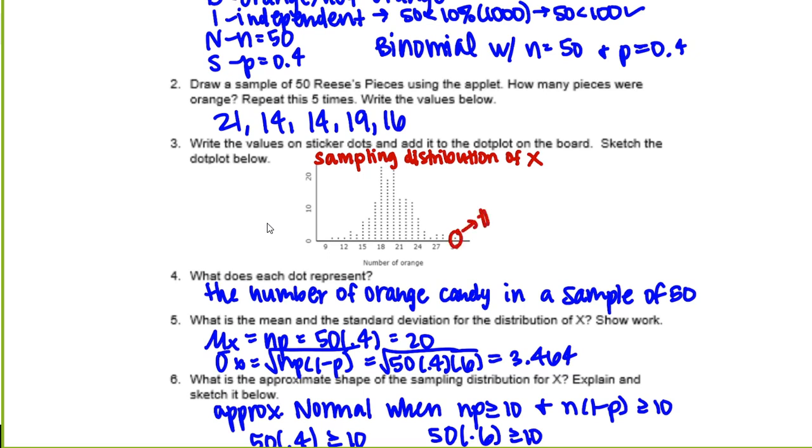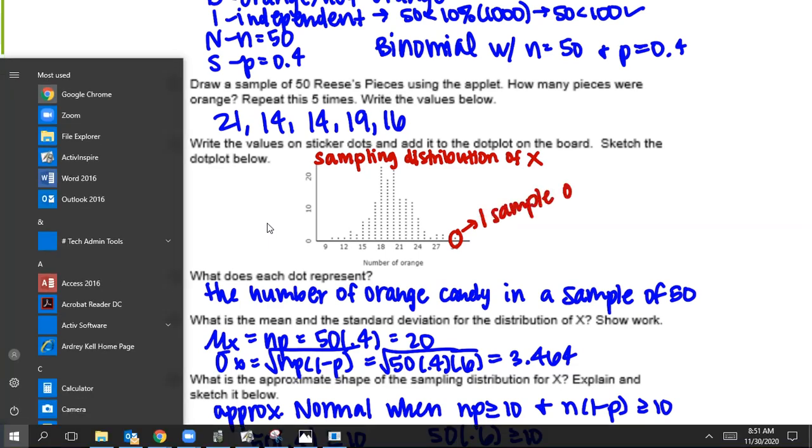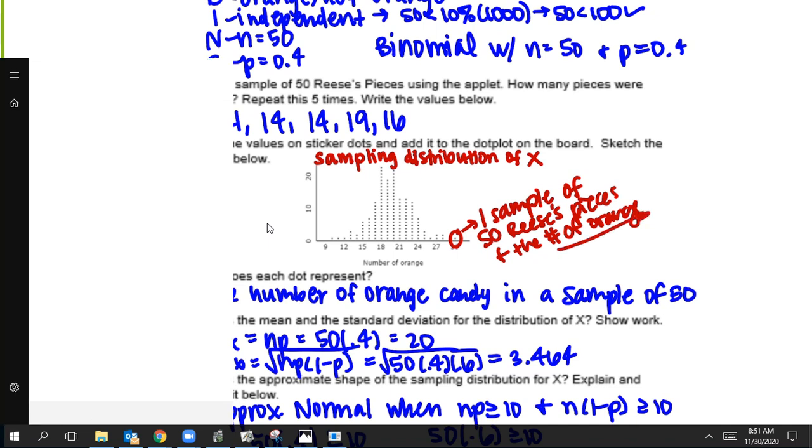That is one sample of 50 Reese's pieces and the number of orange. And so that's why this is a sampling distribution of X, which is the number of orange candy. So it shows us possible samples of size 50 and possible outcomes for the number of orange candies.